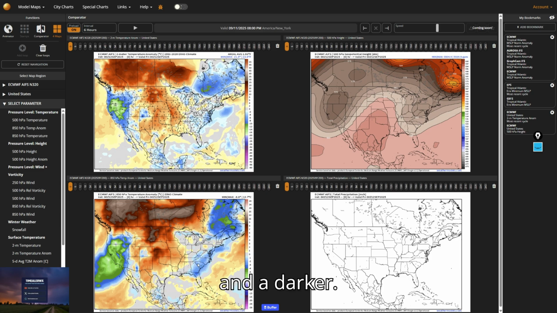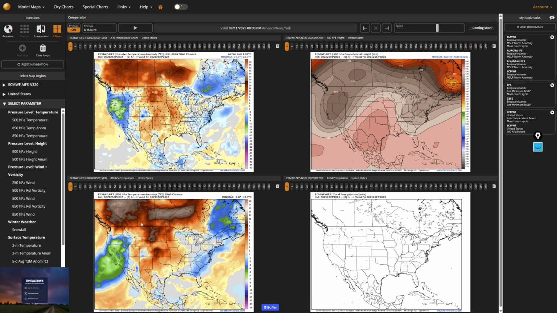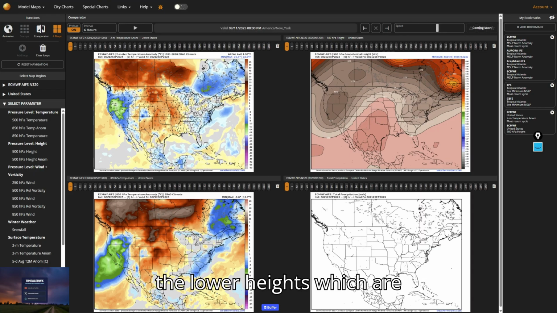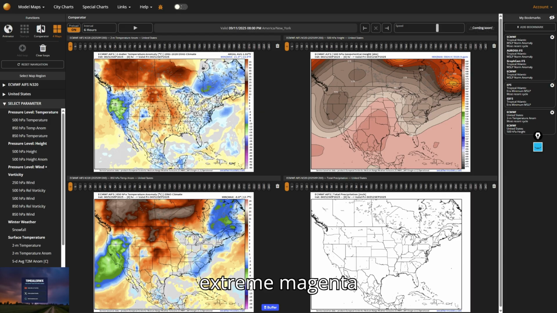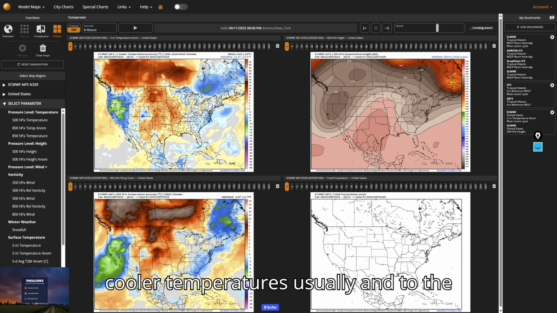And the red and oranges and browns indicate higher than normal heights, which usually equate to warmer temperatures at the surface, and the lower heights, which are blue, green, etc. Green is more extreme, magenta, of course, but lower heights below normal indicate cooler temperatures usually.